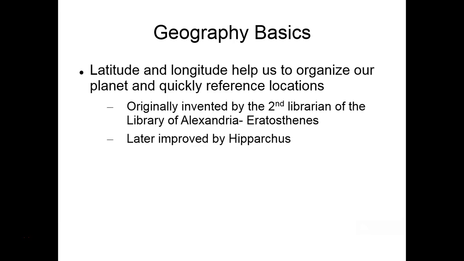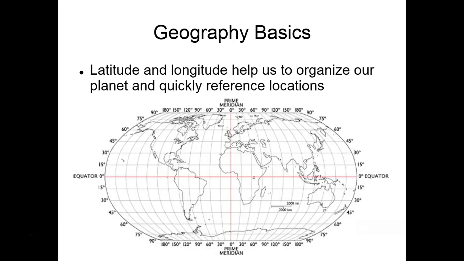All right, so let's look at latitude and longitude and learn what those mean. All right, so here is our planet, and we see this kind of grid system we have created here. These lines represent lines of latitude and lines of longitude. So lines of latitude are horizontal lines.